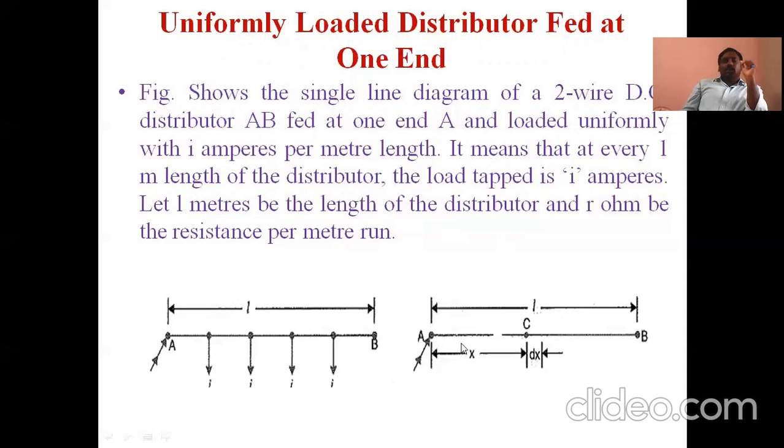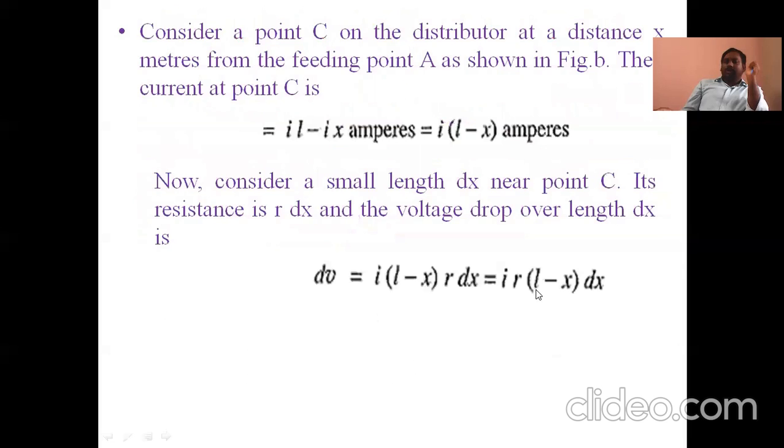For the total length, the current is capital I. But point C is located at x meters from point A, so we have to calculate the current at point C. To determine it, we subtract the current of the remaining portion, that is L minus x.